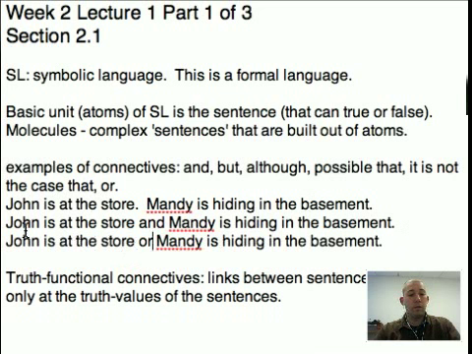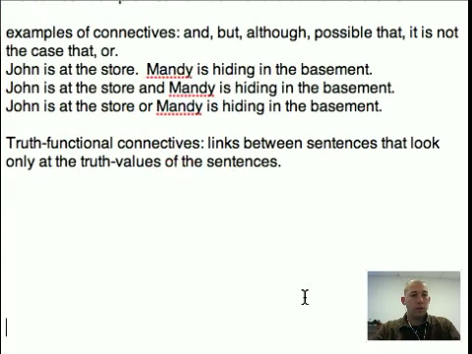In this first sentence, what this connective is doing is saying this whole sentence is true as long as the first part of the sentence is true and the second part of the sentence is true. And in John is at the store or Mandy is hiding in the basement, what this connective, or, is doing is saying this whole sentence is true as long as one of these parts is true. So these are going to be the kinds of connectives that we're interested in, these truth functional connectives. And we're going to define one formally and go over some examples of what we're going to call conjunction.